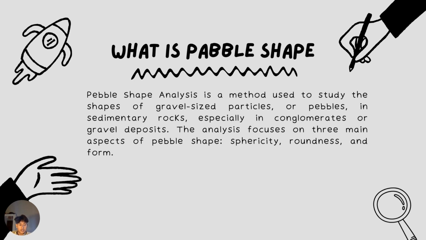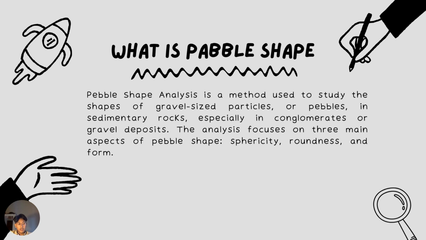What is sphericity? Sphericity is the degree to which a pebble resembles a perfect sphere, and roundness is the smoothness of the edges or corners of the pebble. The last one is form, which represents the overall outline geometry of that pebble.